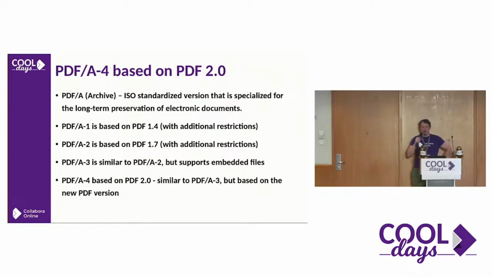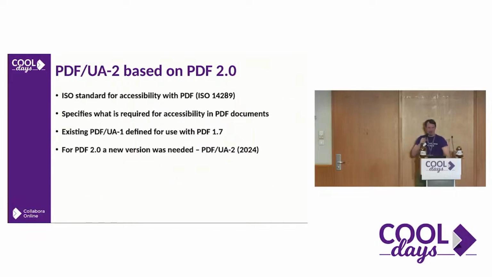So this is the reason I had to add it: if you want to have PDF/A support, I also had to add PDF/A-4 support for PDF 2.0. And there's PDF/UA-2, the unified accessibility standard. Again, the previous version was supported only for PDF 1.7, and I have to add support for 2.0 if you want to have it, but there are some issues with this, so this is not done yet.